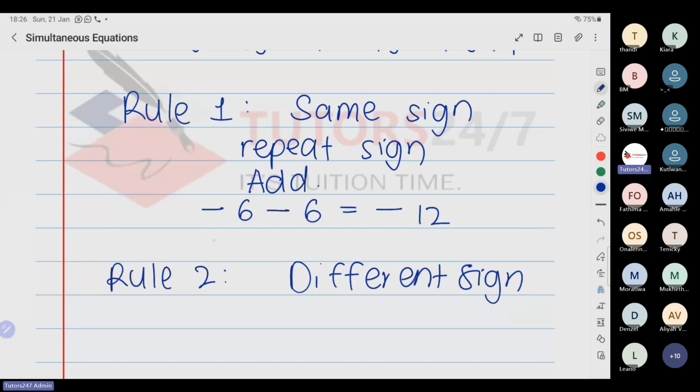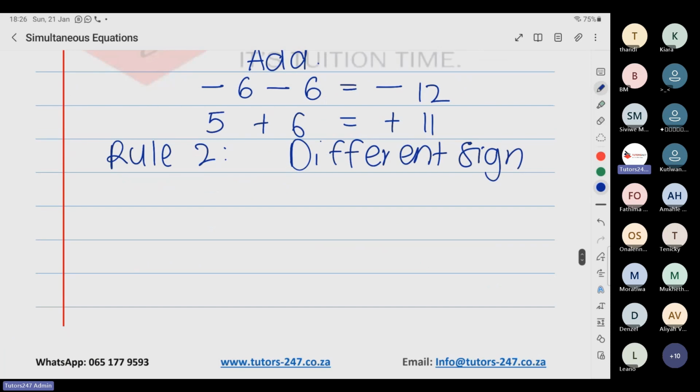So let's say you have +5 and 6. Both are positive, so you repeat the sign, positive sign, add the 2, you get 11. So when you are dealing with the same signs, repeat the sign, add. When you are dealing with different signs, take the sign of the bigger number, and then subtract.